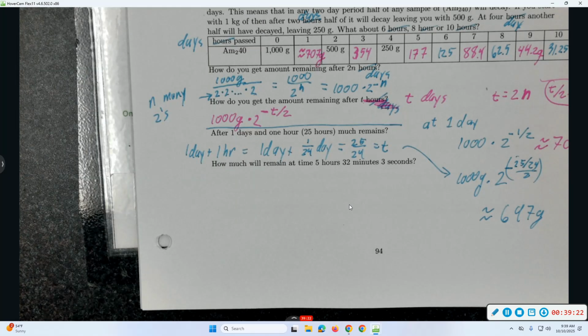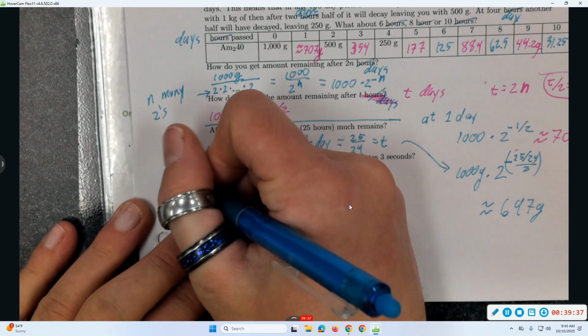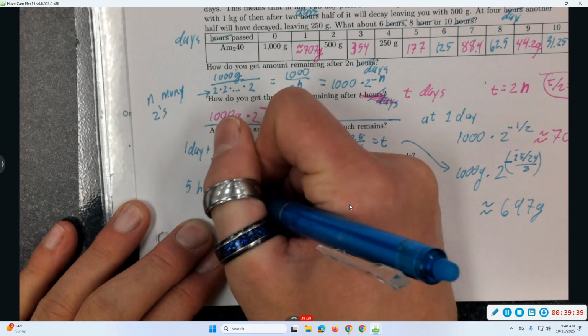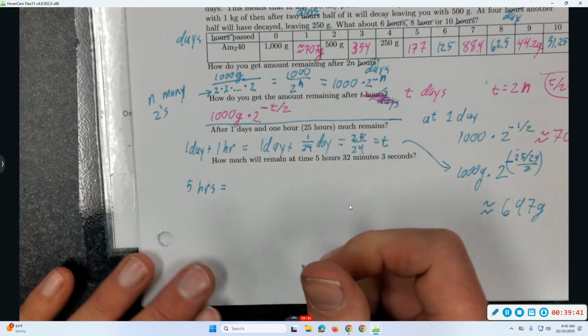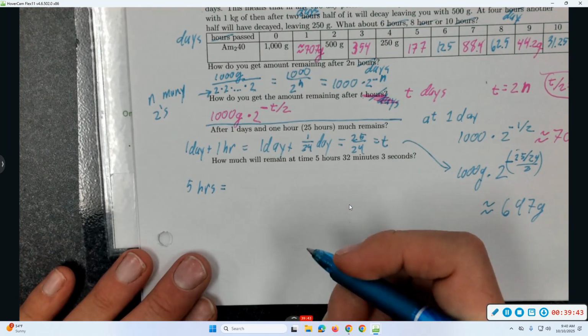Let's really think about unit conversions here. 5 hours, 42 minutes, and 3 seconds. Well, I guess I have to convert these one at a time. What's 5 hours? How do you get from hours to days?